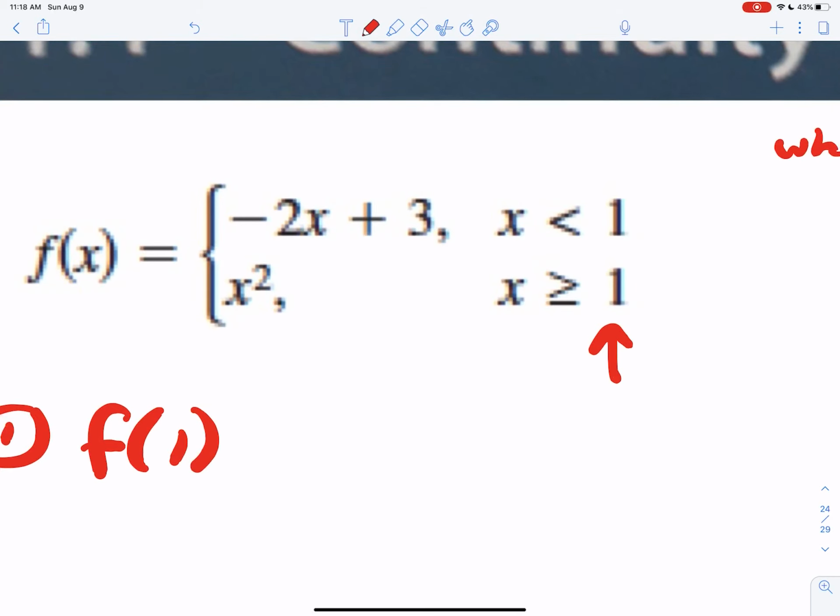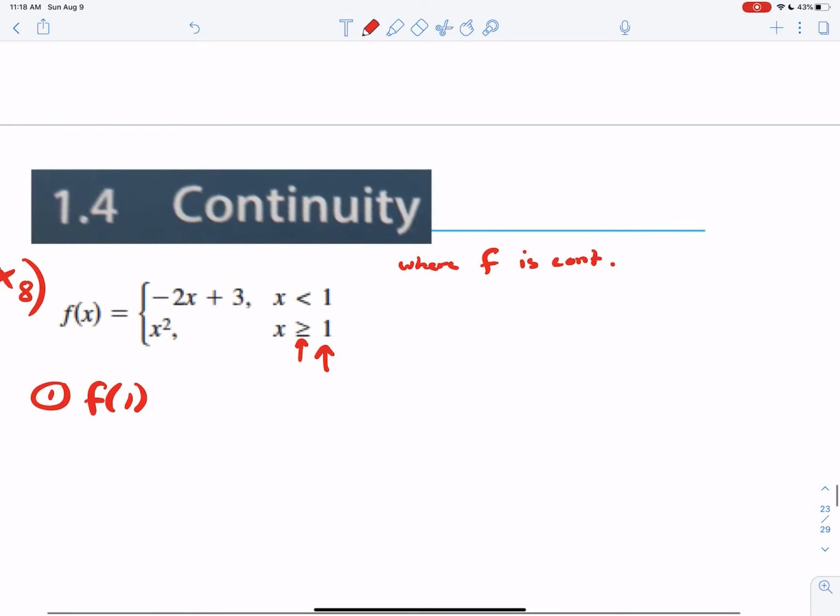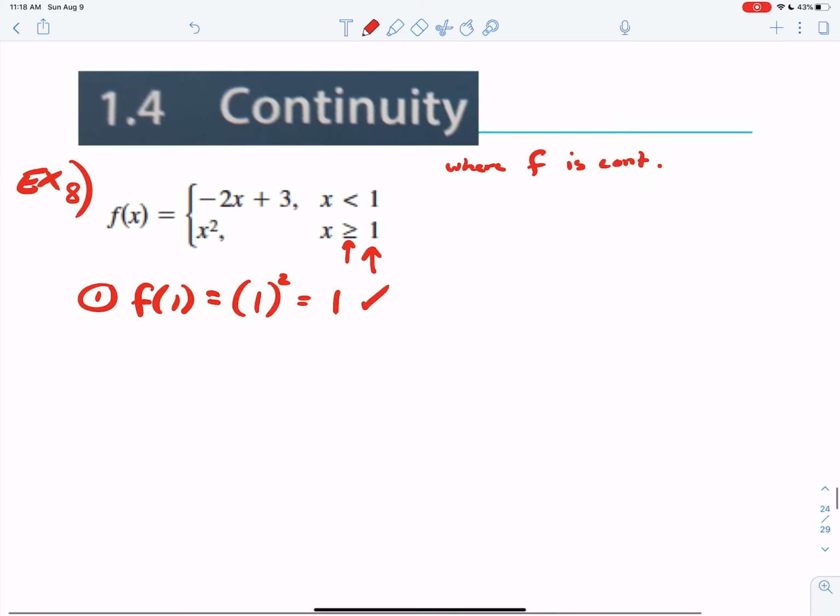If you see the little or equal to symbol right here, that's when x is exactly 1. So we actually have to plug it into that second function, which comes out to 1. We know it's defined. Not enough to show continuity yet, so we got to keep going.